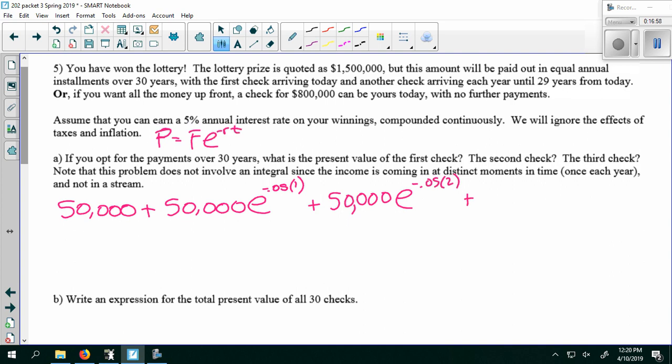My last check is going to be 29 years from now. So it's $50,000 times e to the negative 0.05 times 29 years. So this is the present value of all 30 checks.